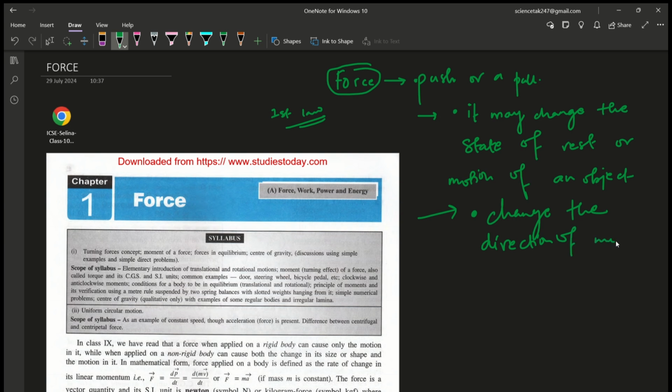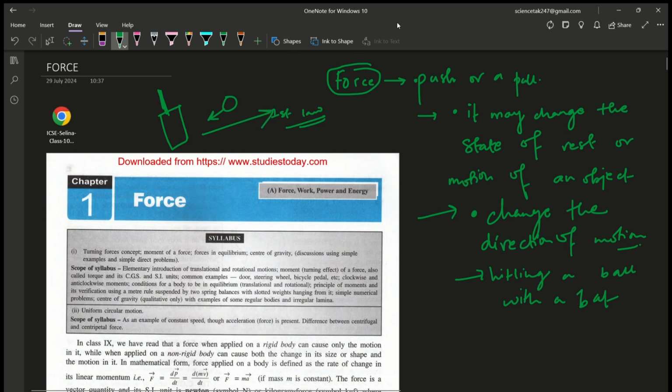The best example I could give you for this would be hitting a ball with a bat. So, there's a ball that's approaching this way, and the batsman hits it, and the direction of motion of the ball changes.